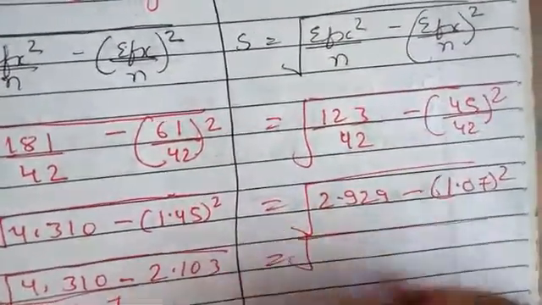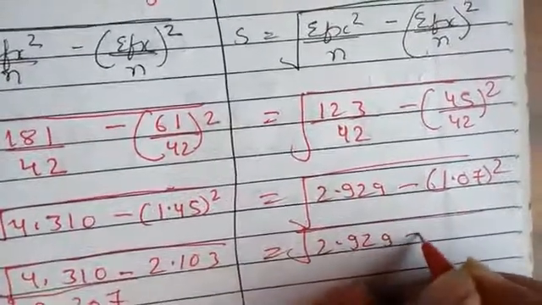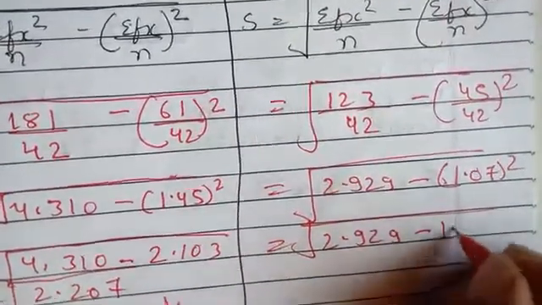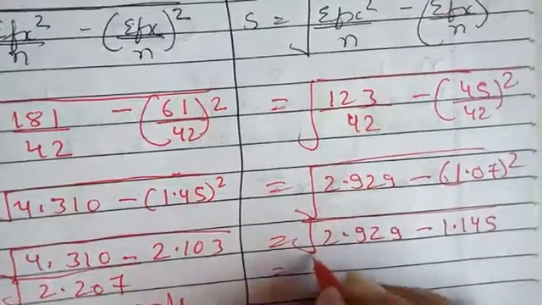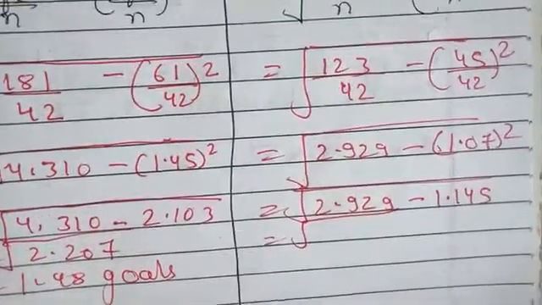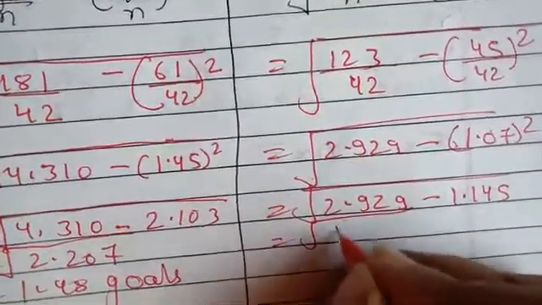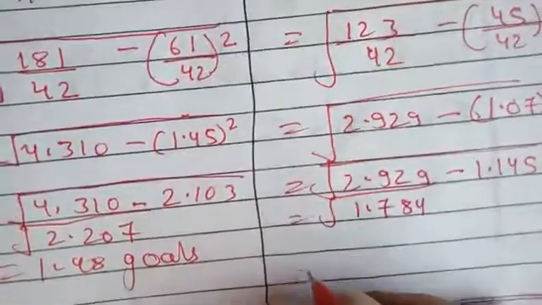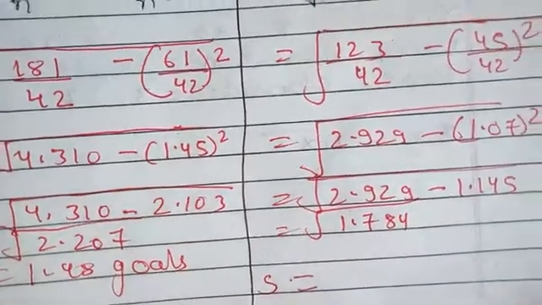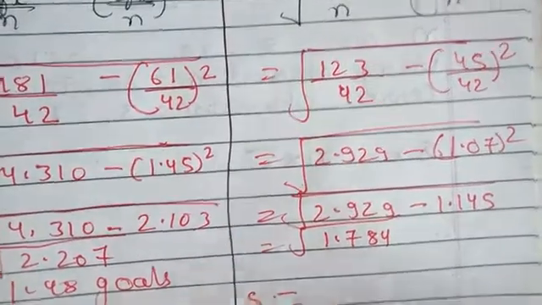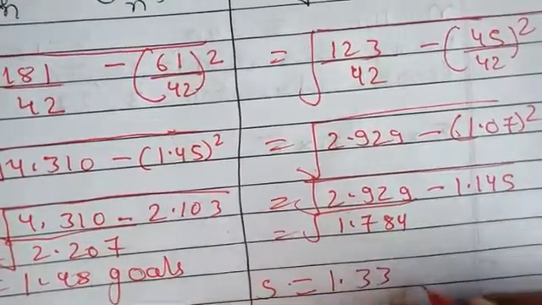So that is equal to 2.929 minus 1.145. When we subtract, we get the value 1.784, and when we find the square root, we get our answer as 1.33 goals.